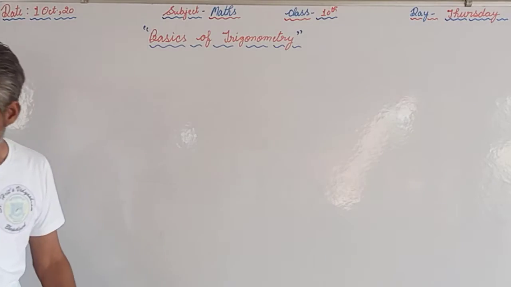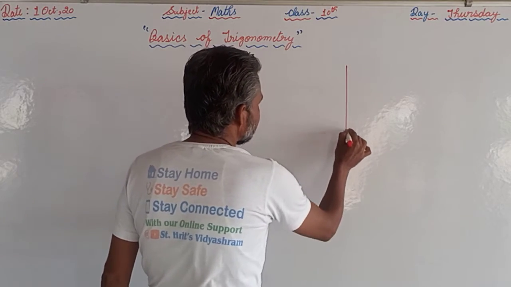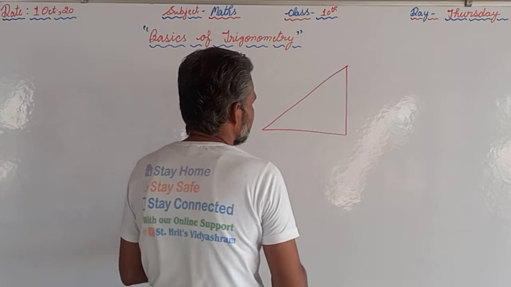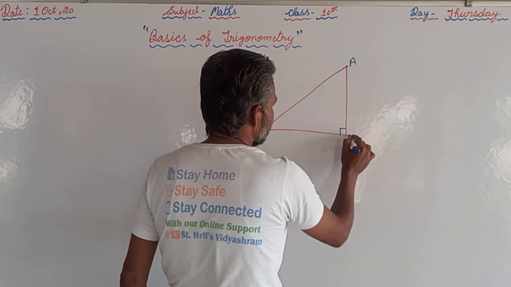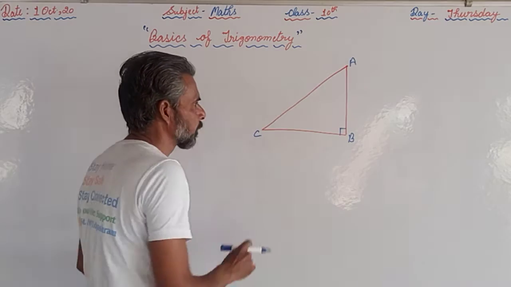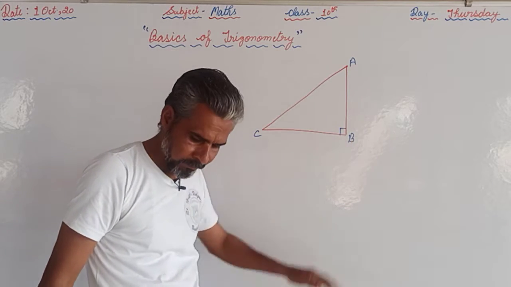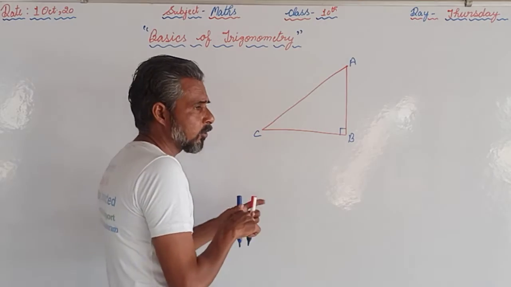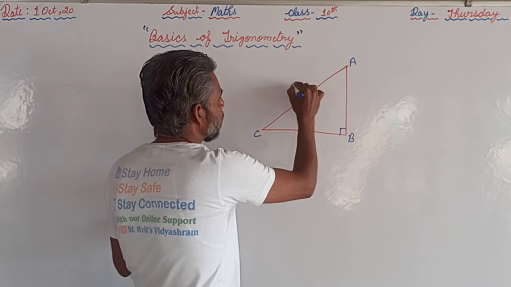So first of all you will draw the figure of a right angle triangle. Suppose A, B, C. Now ABC is a right angle triangle, right angle at B. Now here we all know that the side opposite to the 90 degree angle is the hypotenuse.